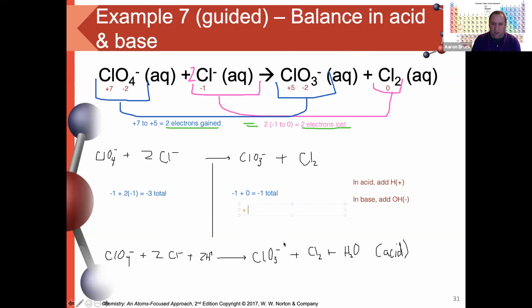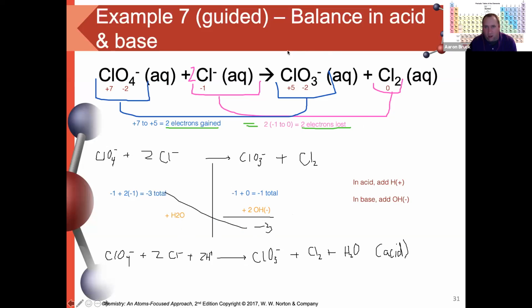And so if I add 2 hydroxide ions here, that would turn my -1 into a -3, which would make it equal the -3 over here. As before, I added 2 hydrogens over here, so I need to add a water molecule over here to balance out those hydrogens that were added.